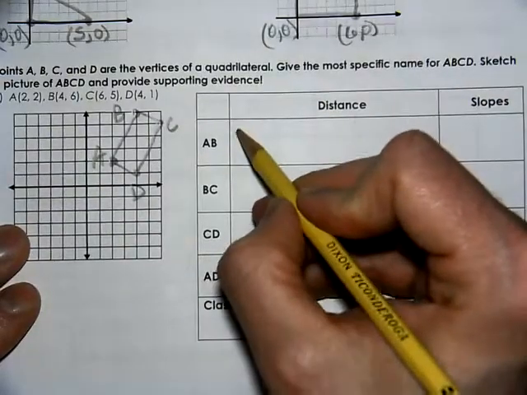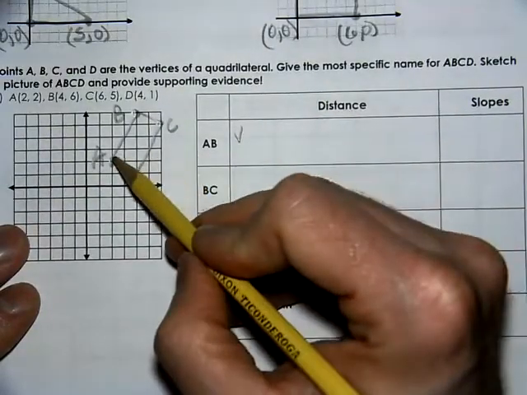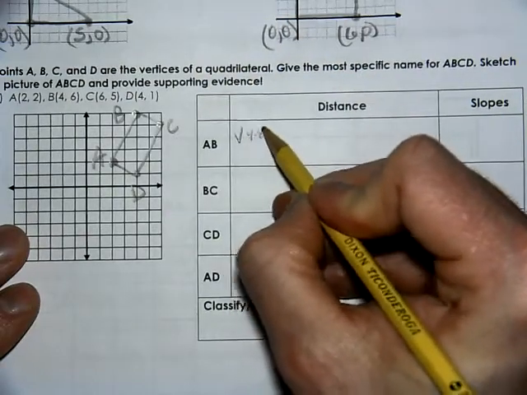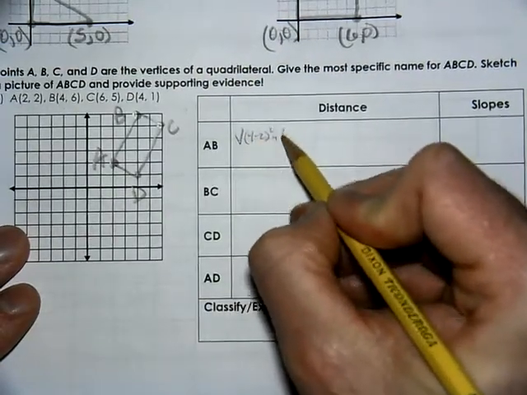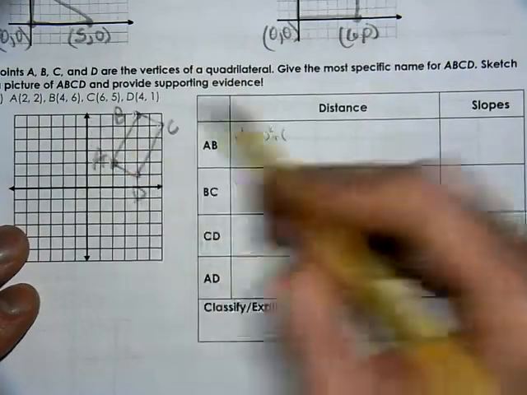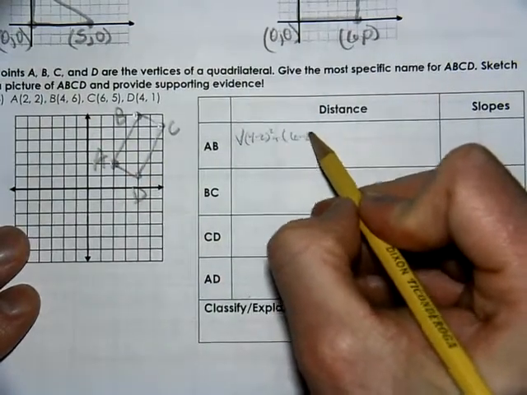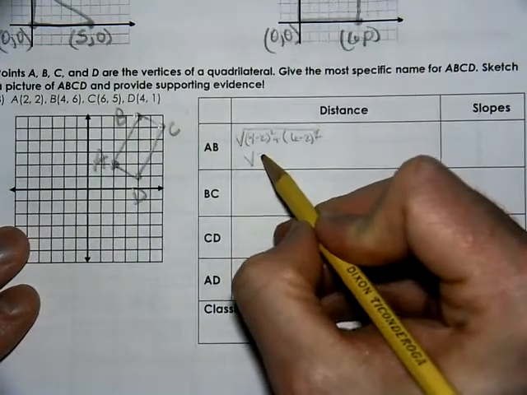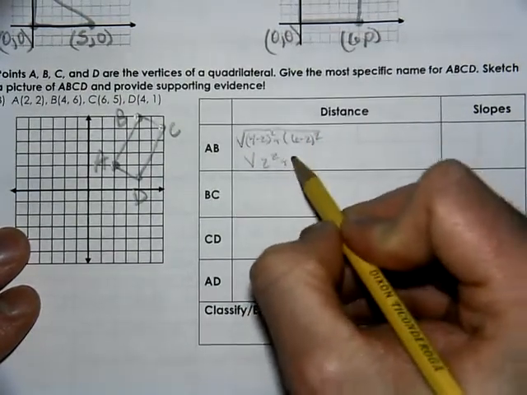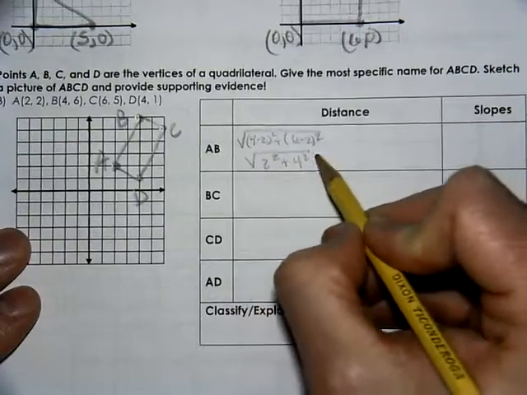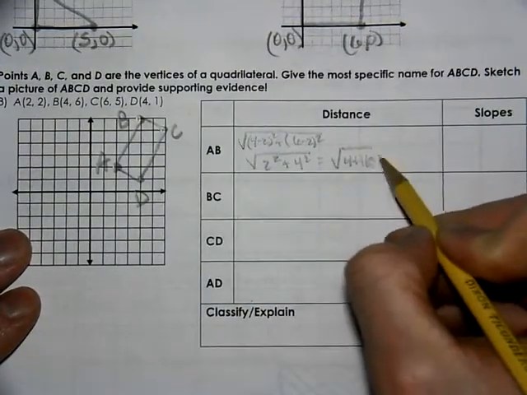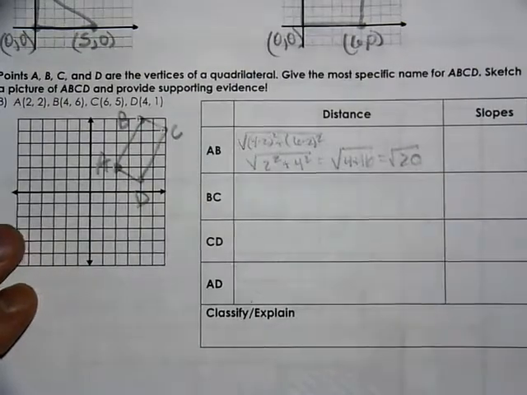So the distance of AB from A to B, that's 4 minus 2 squared and 6 minus 2 squared. That gives us 2 squared plus 4 squared, which is 4 plus 16, square root of 20.